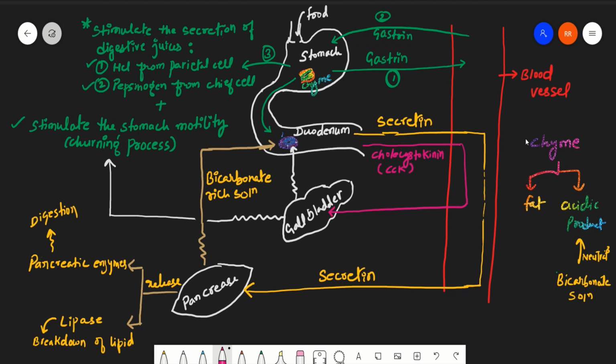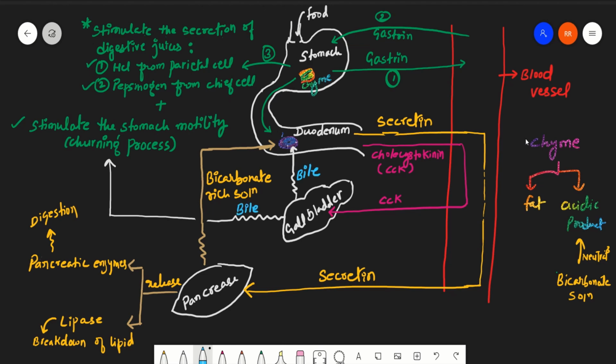Cholecystokinin will be released into the blood circulation and reach the gallbladder, and it will stimulate the gallbladder. When the gallbladder is stimulated, it will contract, and once it contracts, it will release bile.